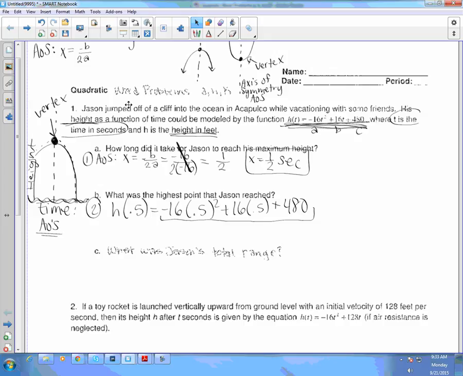Parentheses and everything. Where I put parentheses, you should put parentheses, because I put them wherever there was a t that I was replacing.